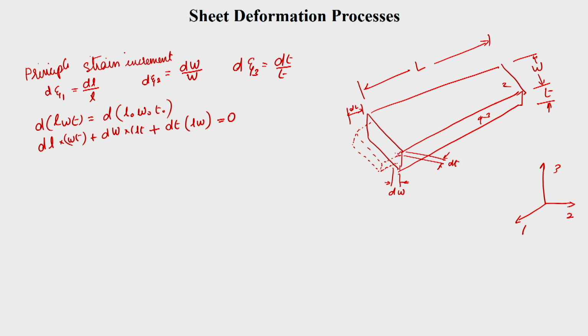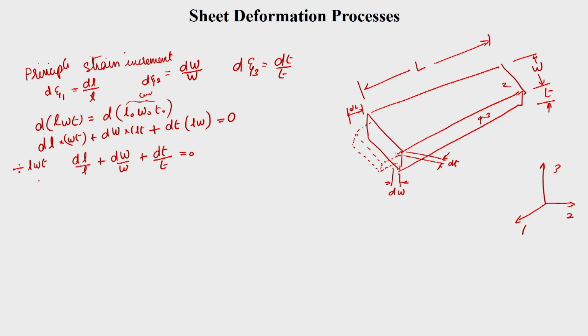Now, if you divide all these terms by L W T, it will lead to dL by L plus dW by W plus dT by T is equal to 0. The right hand side is 0 because this is a constant initial value, and on the left hand side the strain values will be different, but the total strain has to be equal to 0.